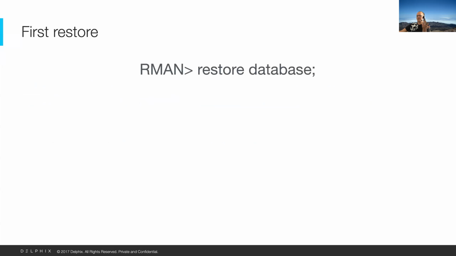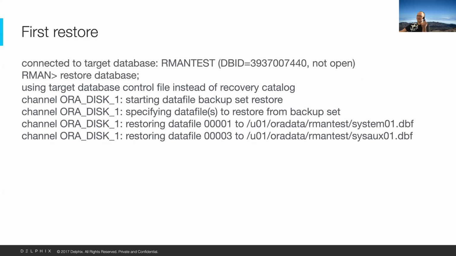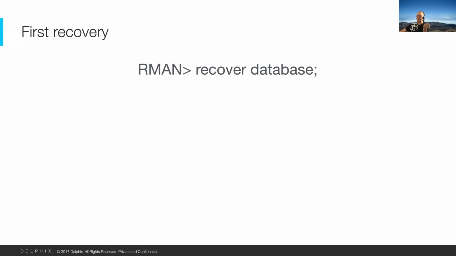You still can connect to RMAN, and what you have to do is basically type restore database. And magically, RMAN will find out with your control file what is the last backup of your data files, find this location, find the backup, restore the data files, and that's it. Then we have to do the recovery because maybe those files need some archive logs to be consistent.